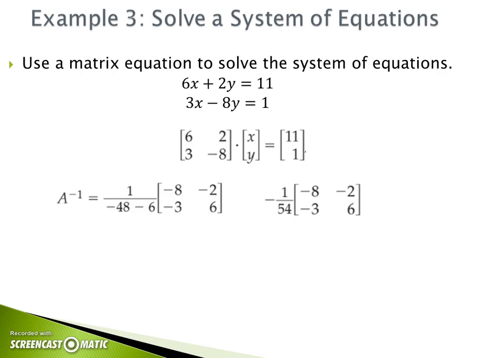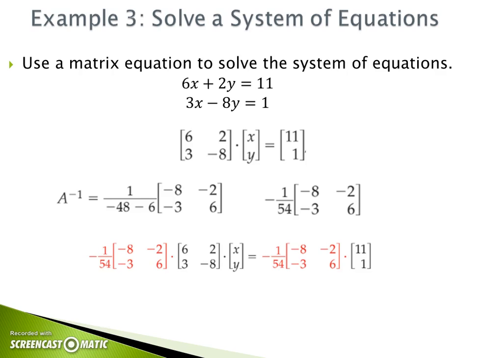We multiply this matrix. So we're doing this matrix, that's the inverse. We're going to multiply it by 6, 2, 3, -8 times x y. And then we can multiply it on both sides of the equation. So we're going to do the matrix times 11 over 1 as well.